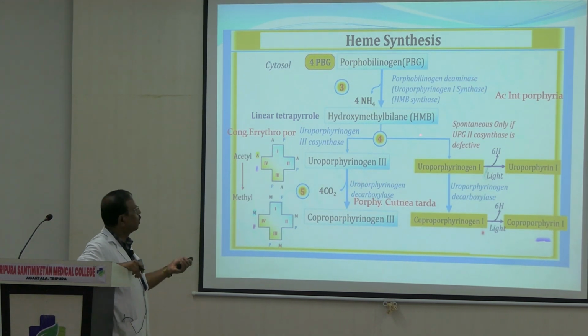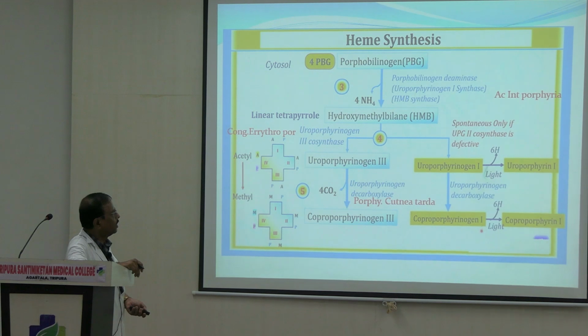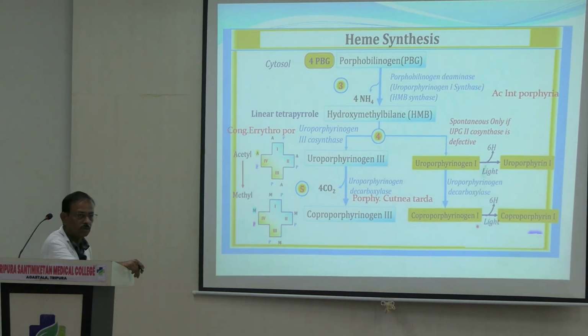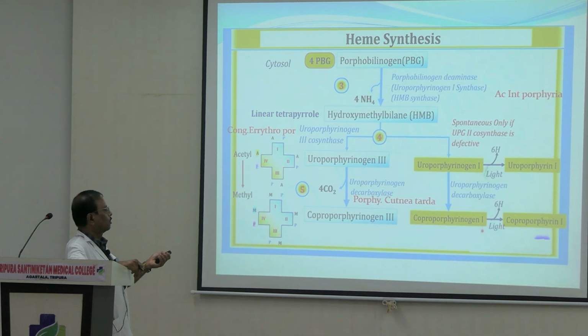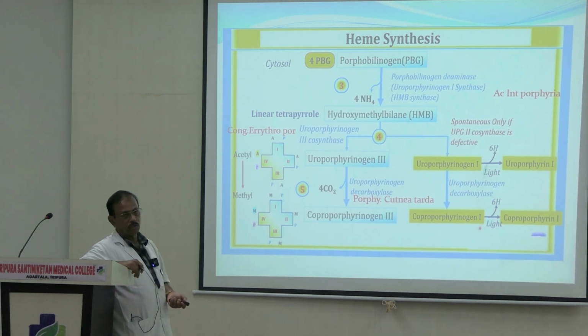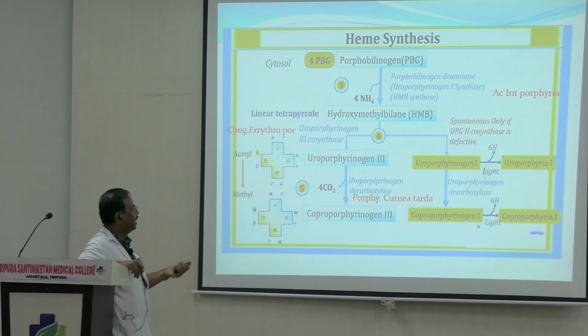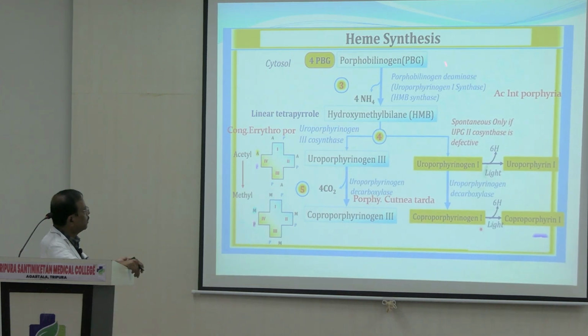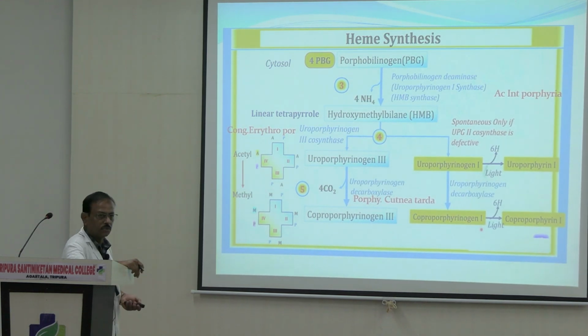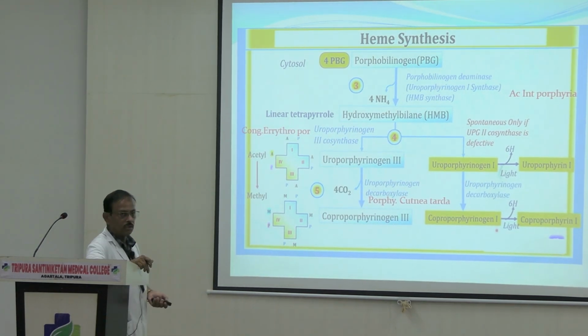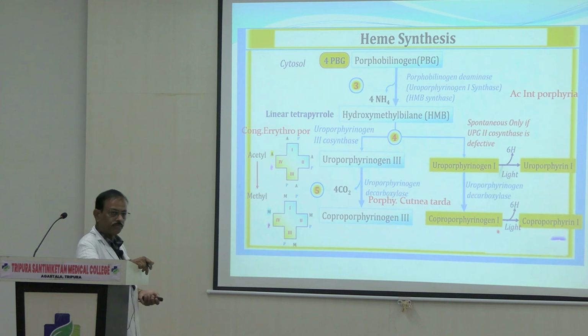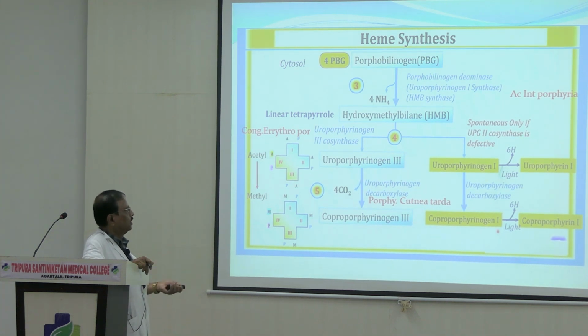Commonly it is also called uroporphyrinogen 1 synthase, or it can be called hydroxymethylbilane synthase. So the same enzyme is known by 3 names. This is only one enzyme, which can be told by 3 names. Whatever you tell, it will be correct out of these 3.